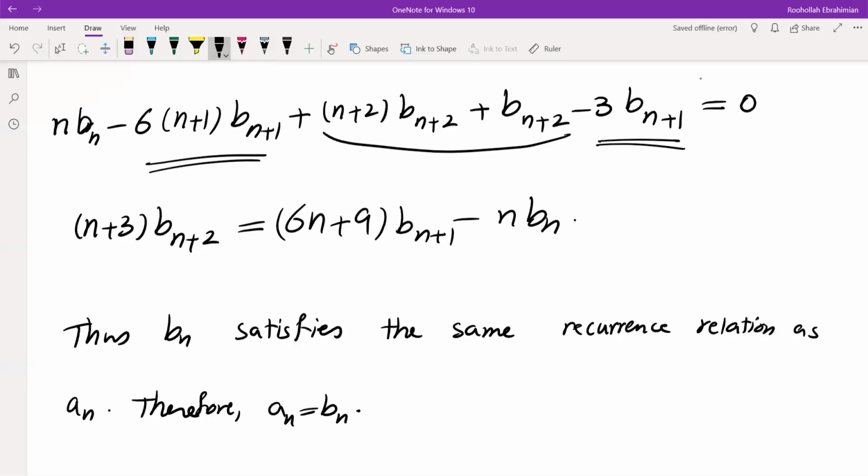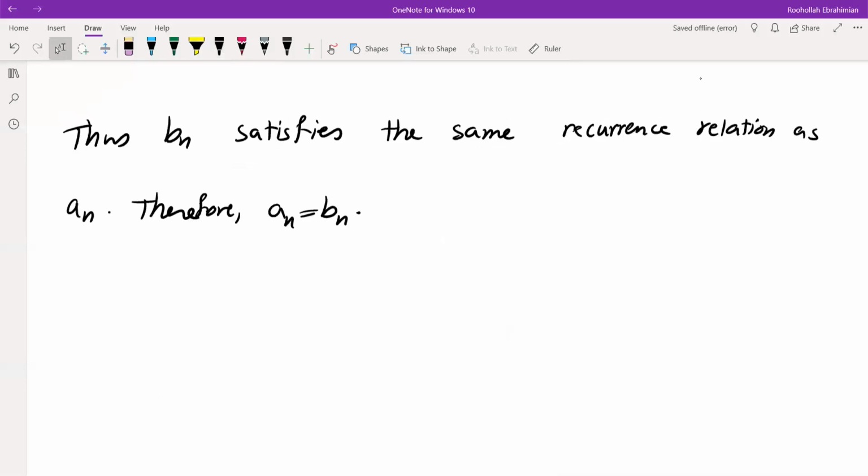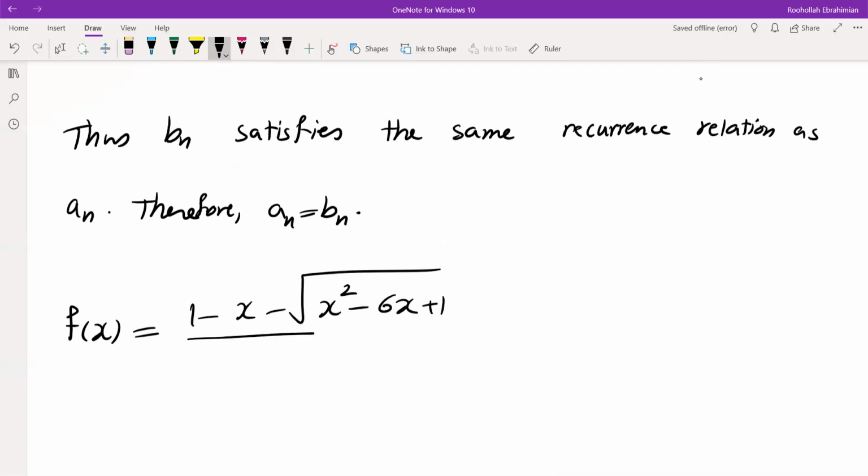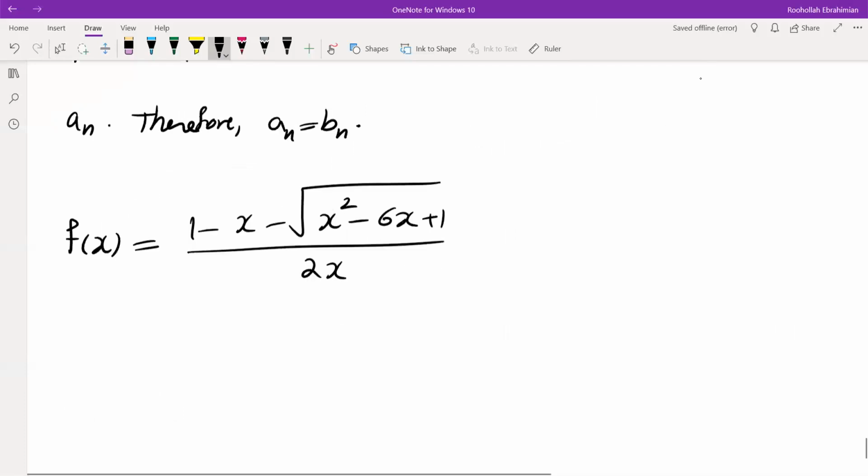So we only need to show bn is an integer. Now we're going to start from our f of x, and we will just solve for what we did up there, which was solve for the square root, and then we'll go from there. So you'll just write down the exact same thing that we did.